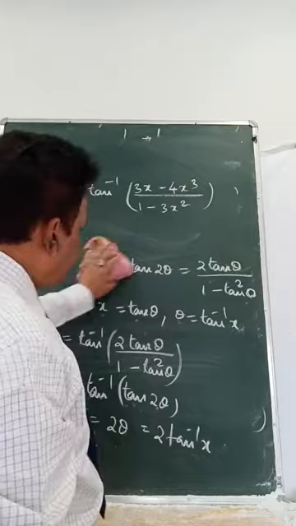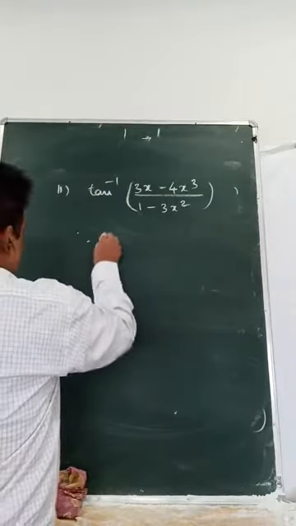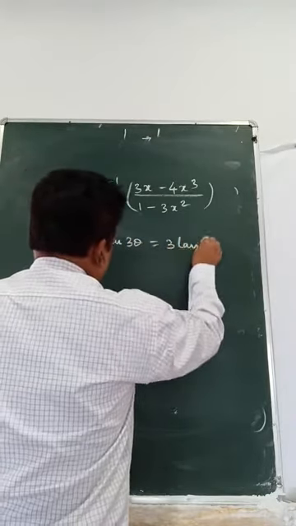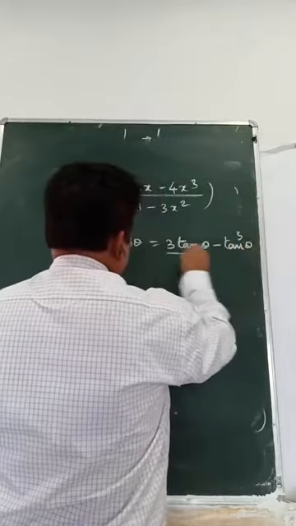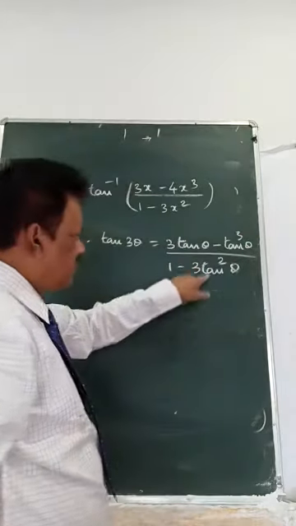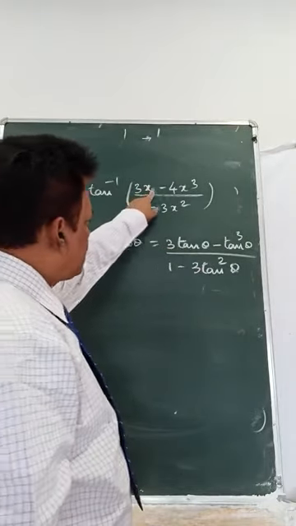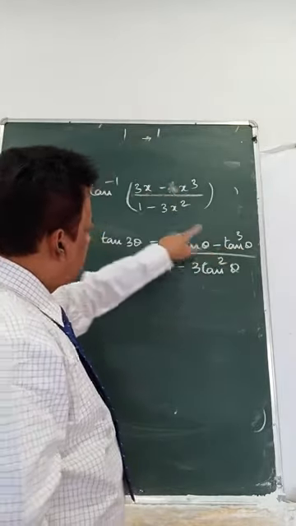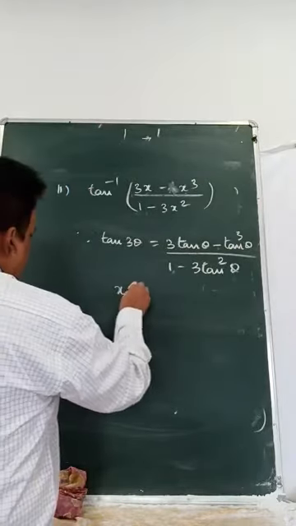The formula will be tan 3 theta, which is 3 tan theta minus tan cube theta by 1 minus 3 tan square theta. Look at the similar pattern: 3 tan theta minus tan cube theta by 1 minus 3 tan square theta. So I can put x equals tan theta.